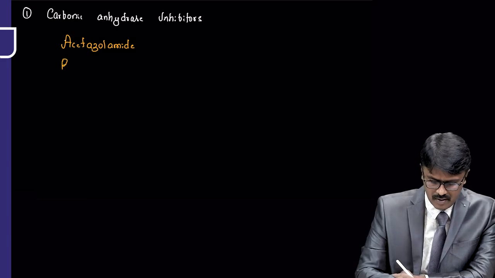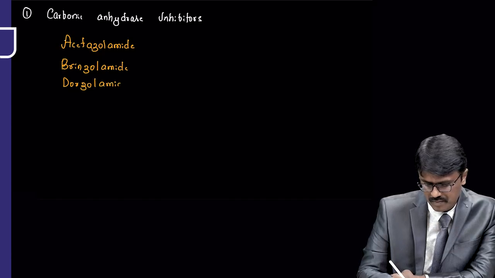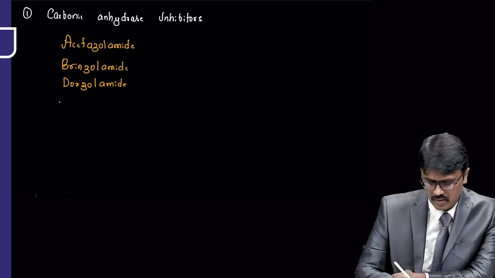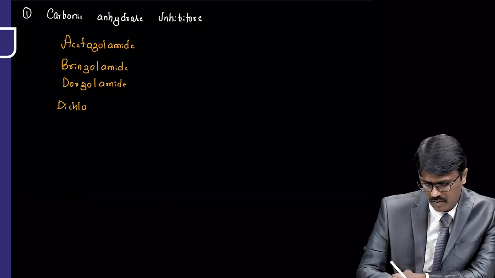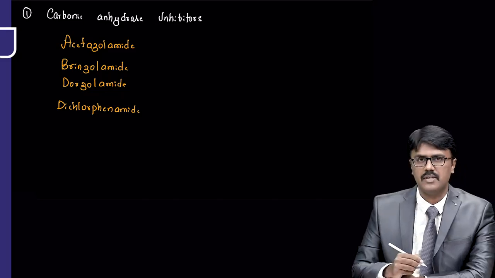Then we have brinzolamide. Then dorzolamide. And one more drug is called dichlorphenamide. So these are the carbonic anhydrase inhibitors.